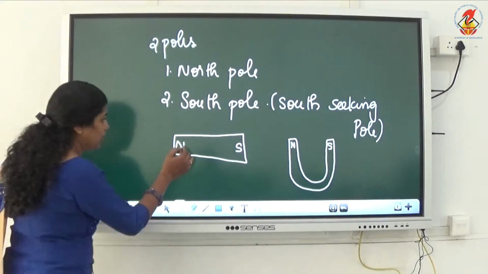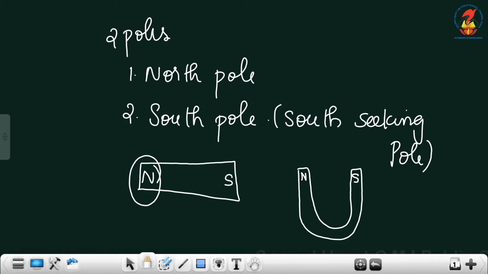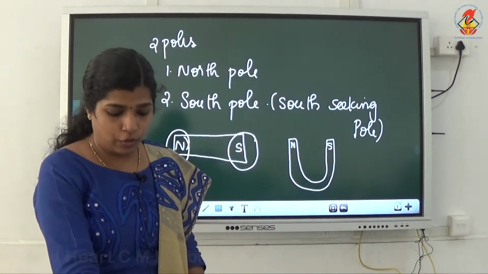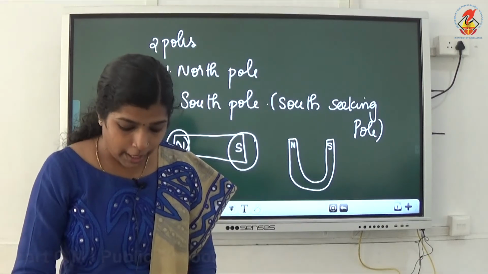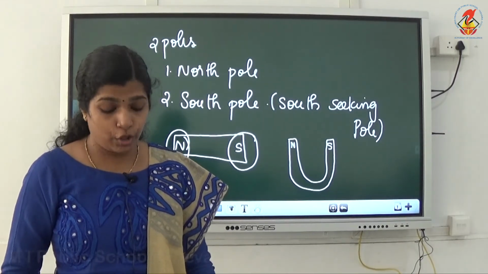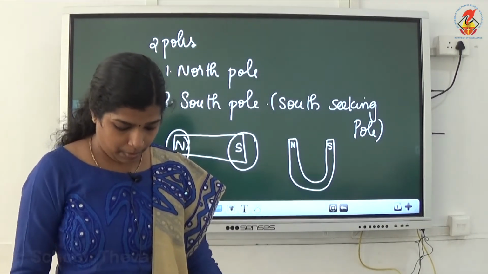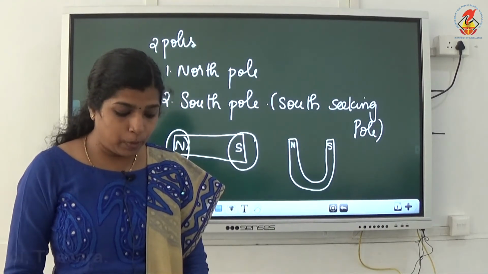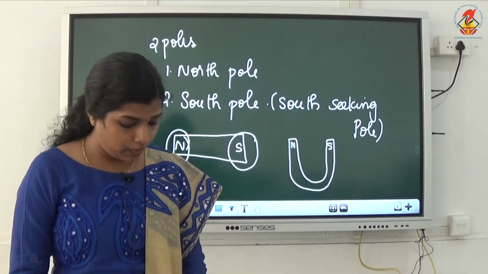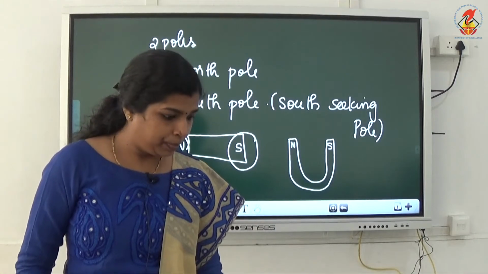At this point the force of attraction is maximum, and at this point also the force of attraction is maximum. That is known as the poles of the magnet. At poles, the force of attraction will be maximum.